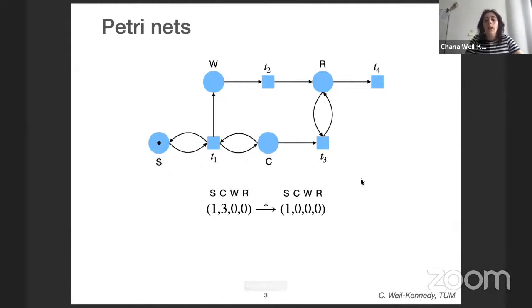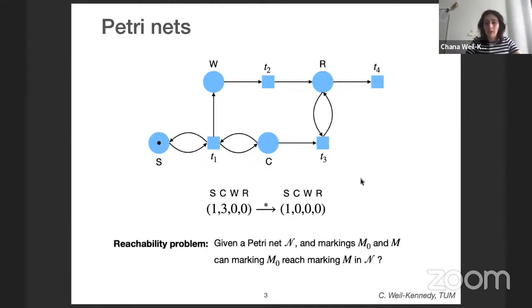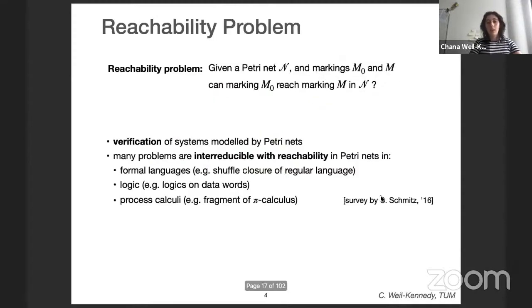So given a Petri net and given 2 markings, the reachability problem is: can the first marking reach the second marking in this Petri net? This reachability problem is very central to the study of Petri nets and equivalent things like vector addition systems with states.